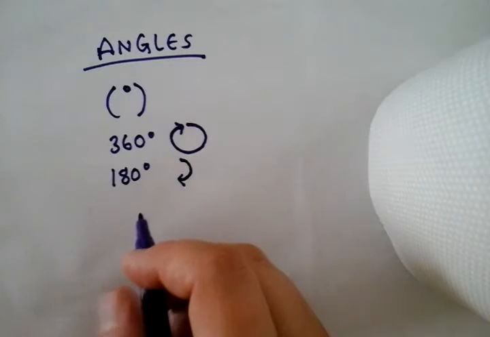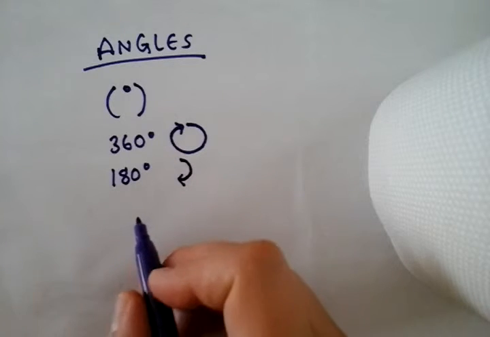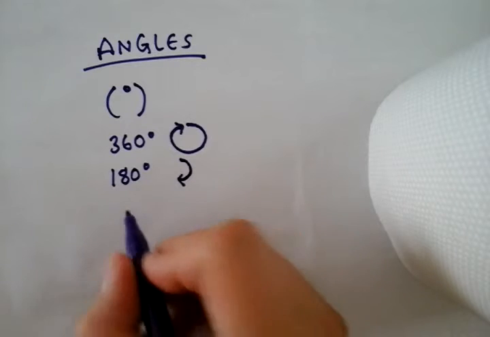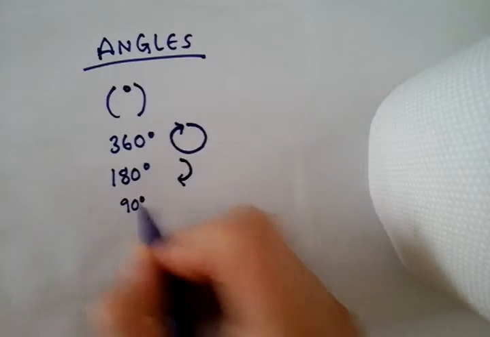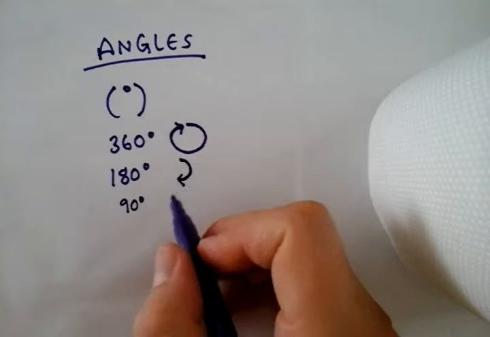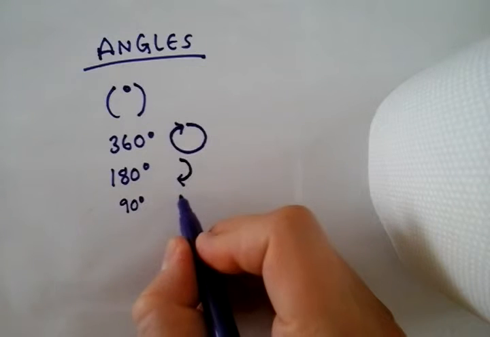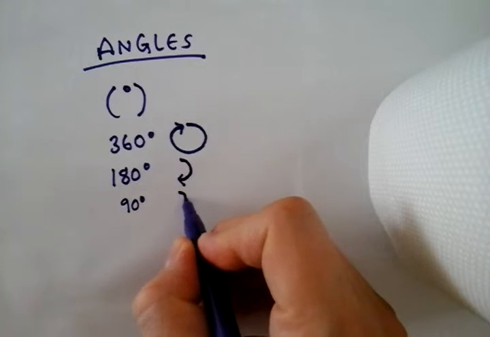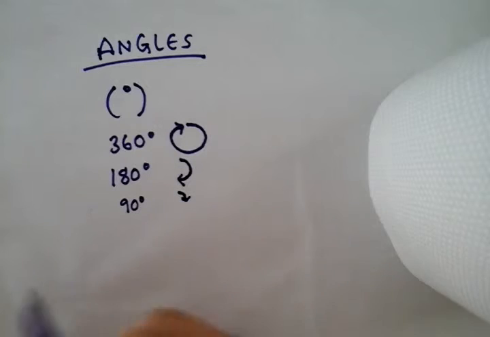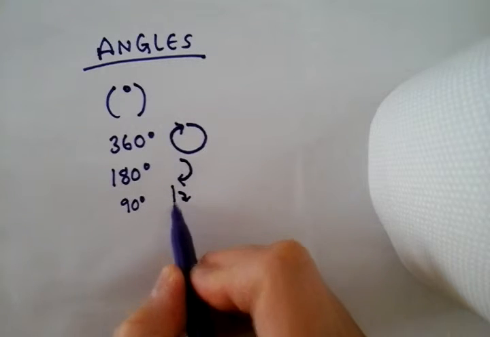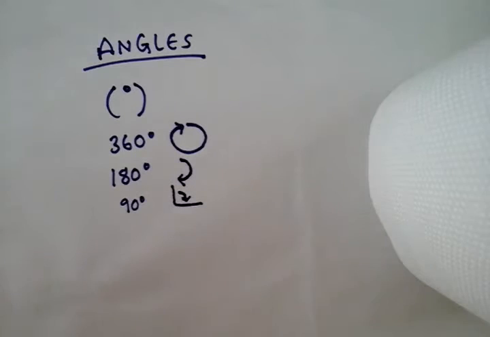And last but not least, a quarter turn is a right angle, which is 90 degrees. So it would roughly be like that. If I draw a right angle, it should be just like that, basically, to give you a simpler understanding.